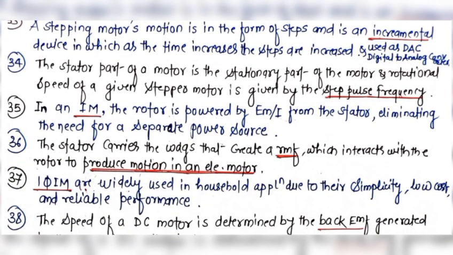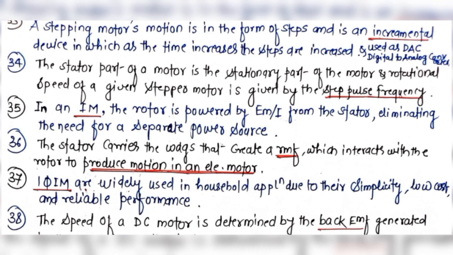Stepping motor motion is in the form of steps and it is an incremental device in which, as time increases, the steps are increased, and it is used as a DAC, digital to analog converter. The stator is the stationary part of a motor, and the rotational speed of a given stepper motor is given by the step pulse frequency.